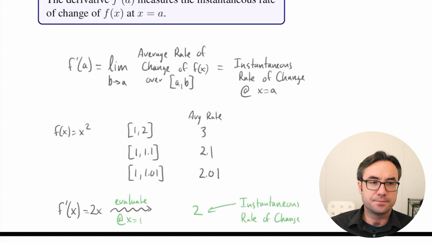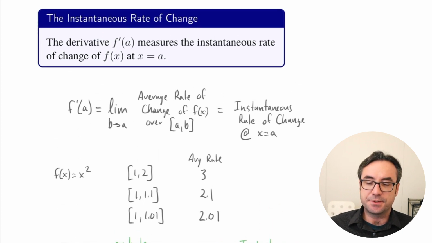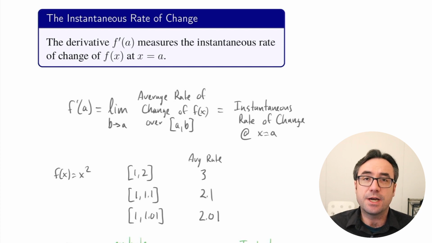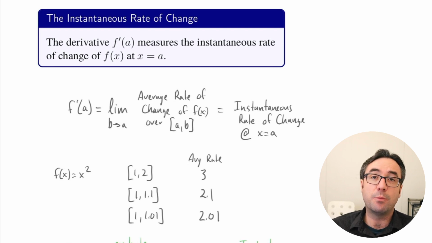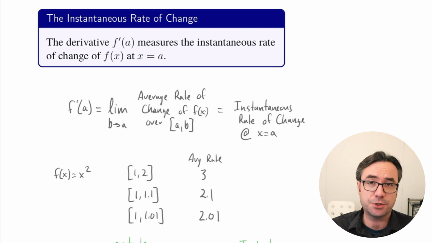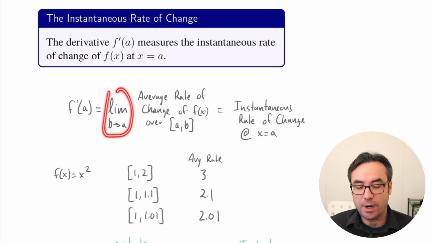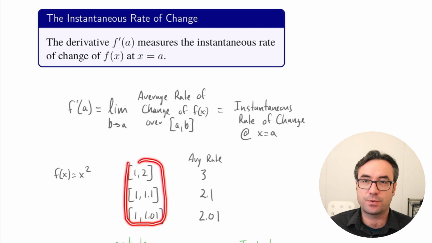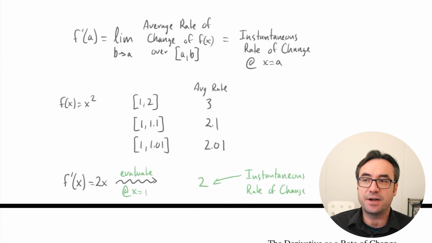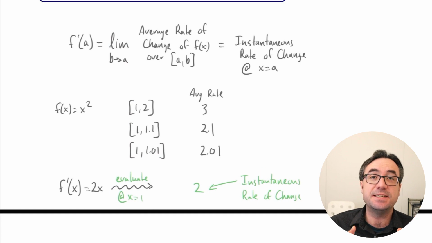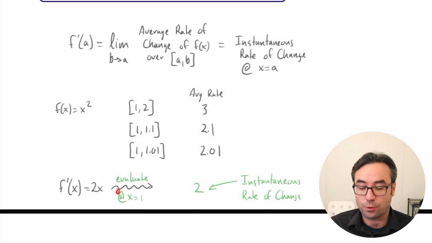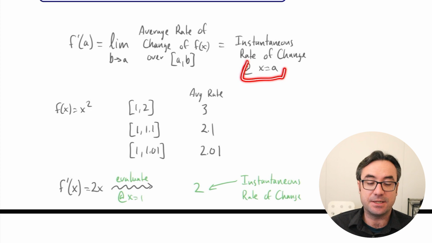And this is the idea: the slope formula in general allows us to talk about how much our function changes, how fast it changes on average. And then going that extra step of doing a limit and watching what happens as those intervals shrink down, that's going to give us the instantaneous rate of change, what's going on directly at x equals a.